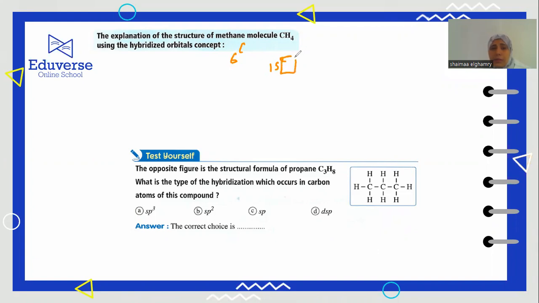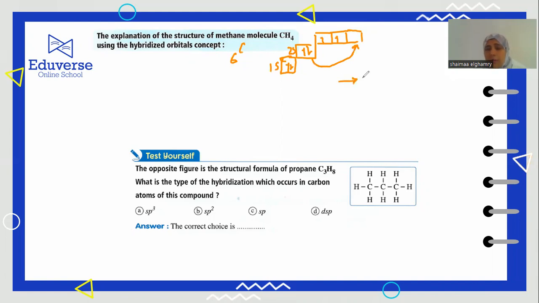1s orbital has 2 electrons in it, and here 2s2, so it also has 2 electrons, 2p2. The first step is the excitation of 1 electron to move to the upper part.